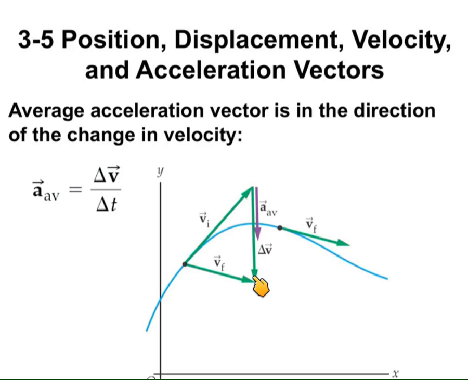So the direction is toward v final. This is delta v, change in the velocity, of course a vector. And if you divide this by delta t, the time it takes to go from one point to another point, these points, this one and this one.